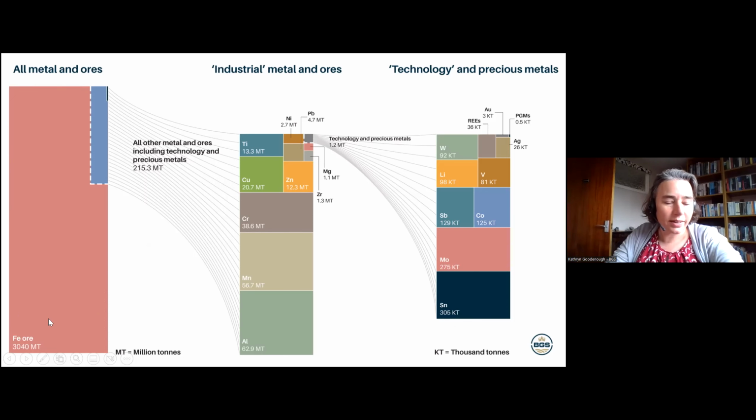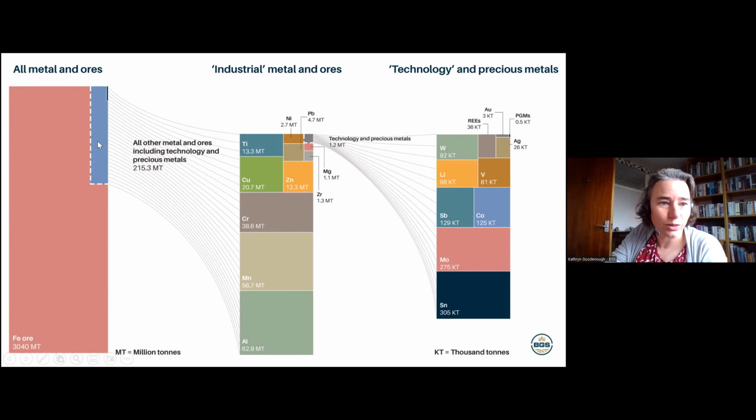And what you can see is that iron ore, the base material for steel, of course, is mined at the rate of over 3,000 million tons every year. So that's huge. That's by far the biggest mineral and metal raw material that we are mining.